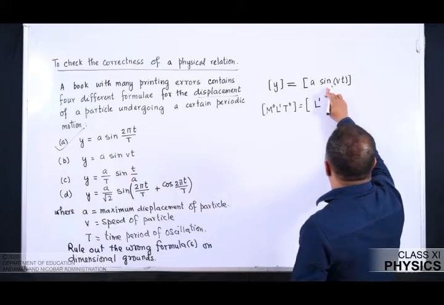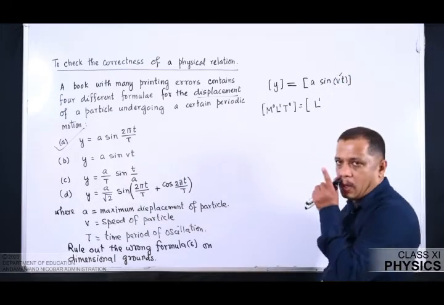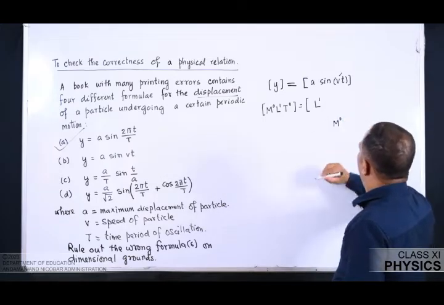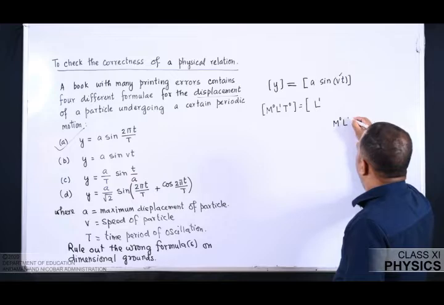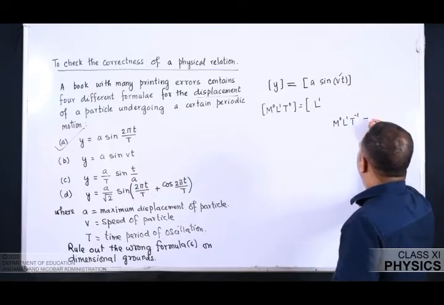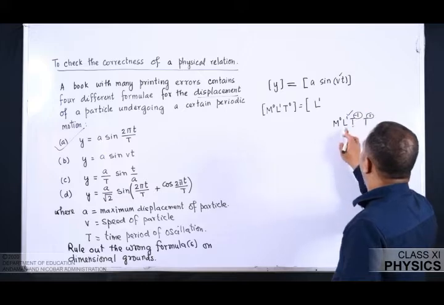And when I look at this sine v t, for v I have M power 0 L power 1 T power minus 1, because this is speed, and this is time. When I put time, T power 1, so this is 0, however we have L power 1.